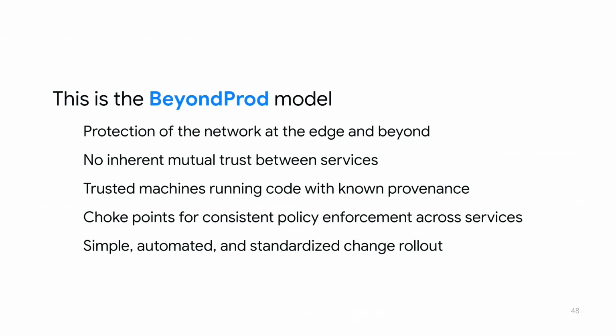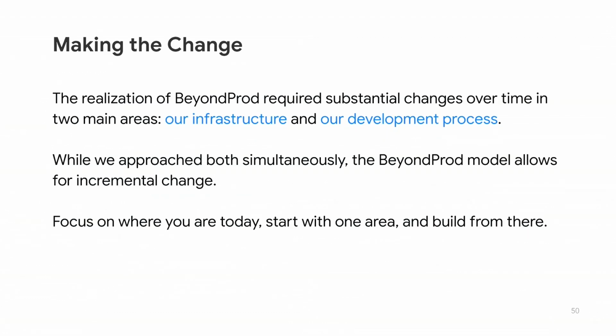It's about simple automated change rollout, patch management. And it's about isolation between workloads that are running side by side on the same machine, doing things beyond just OS isolation. And for us, making this change required substantial changes over time across two major dimensions, both infrastructure and our development process.